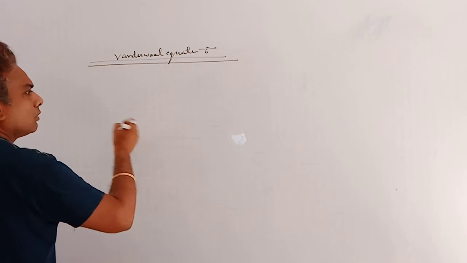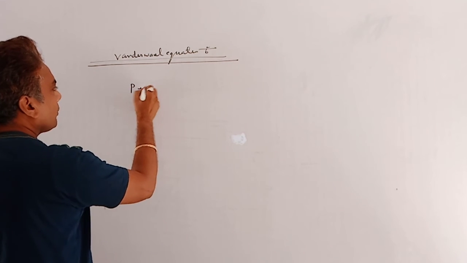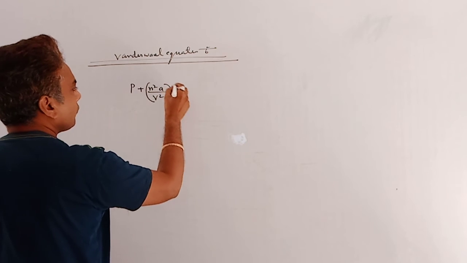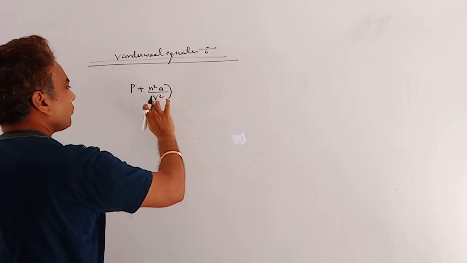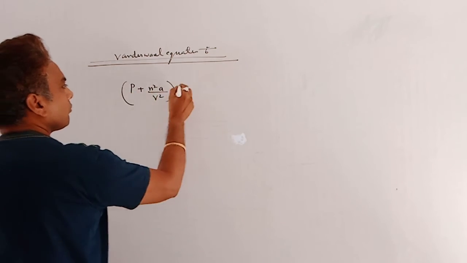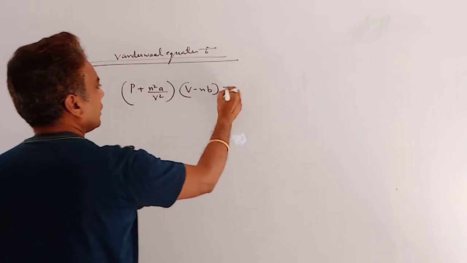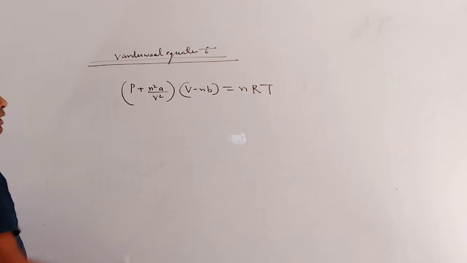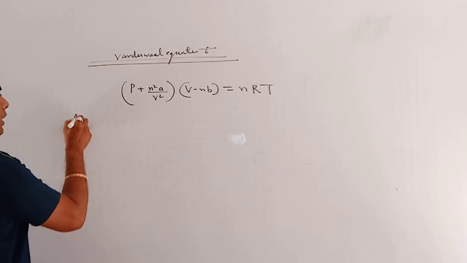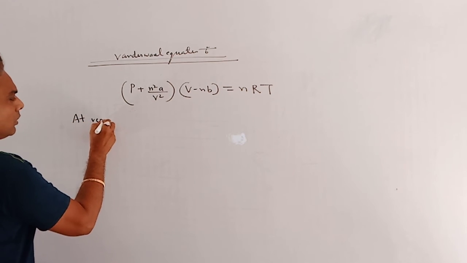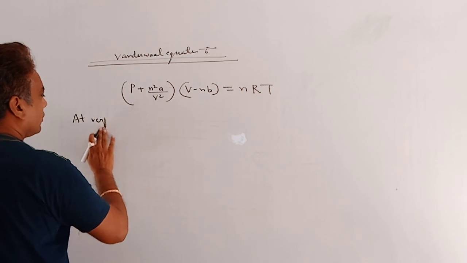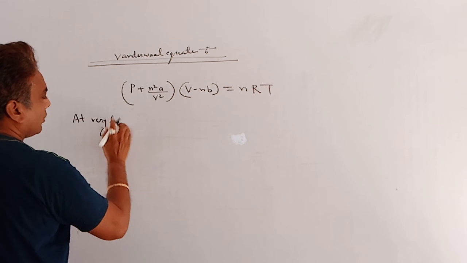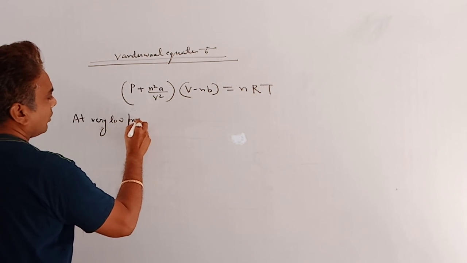Van der Waals equation, which is (P + n²a/V²)(V − nb) = nRT. At three different conditions of pressure: very low pressure, low pressure.